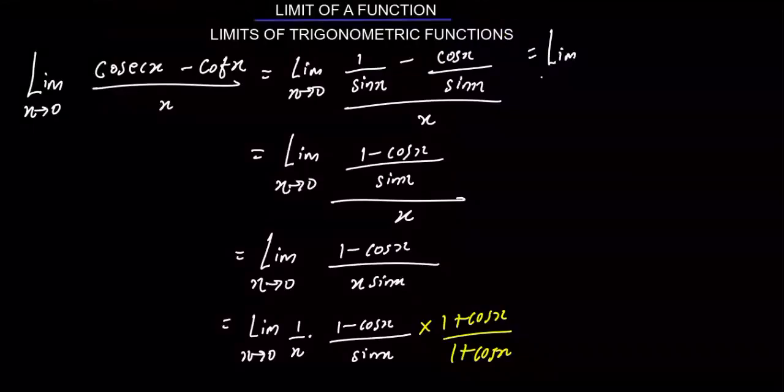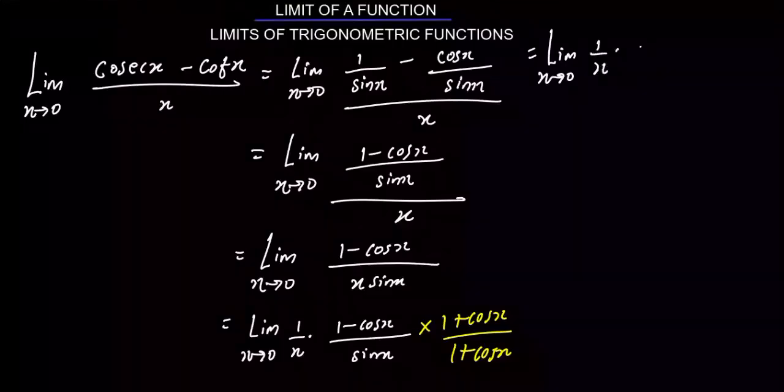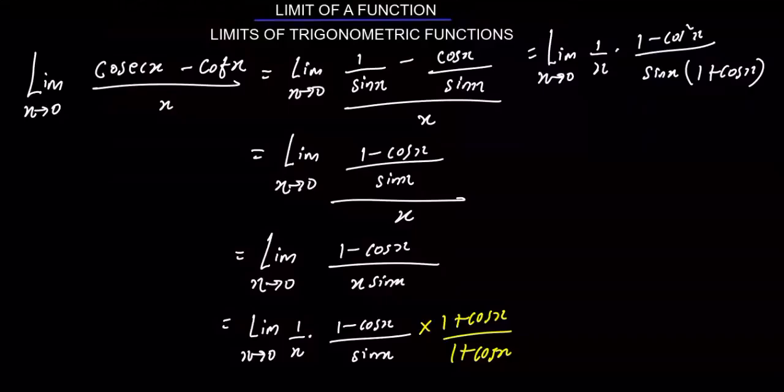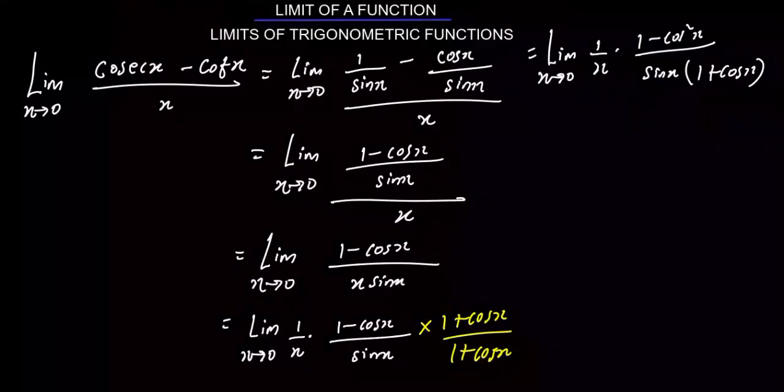That will give me limit as x tends to 0 of 1 over x times 1 minus cos squared x for the numerator. For the denominator, you have sine x, then 1 plus cos x. If you remember, this is difference of two squares, 1 minus cos x.